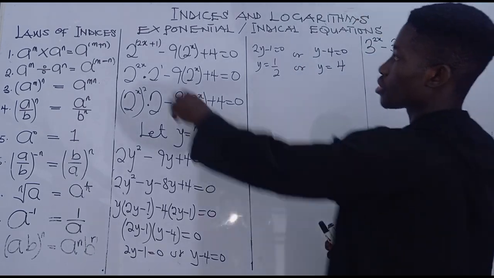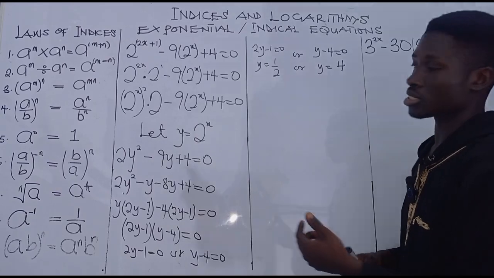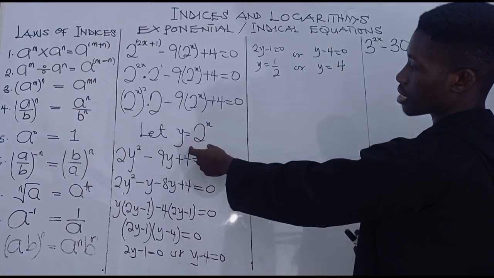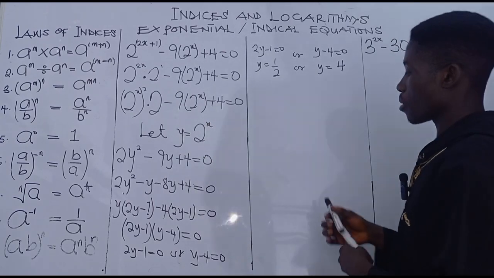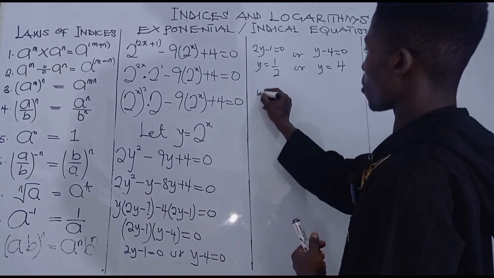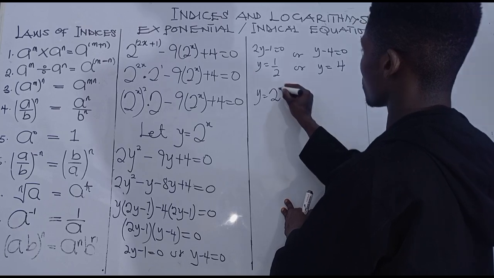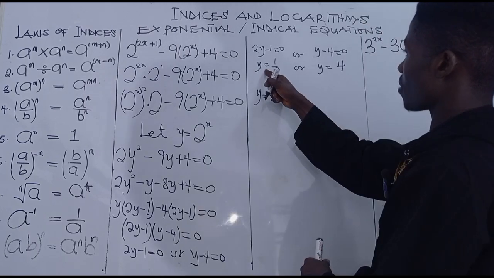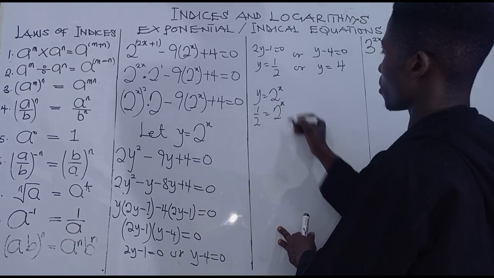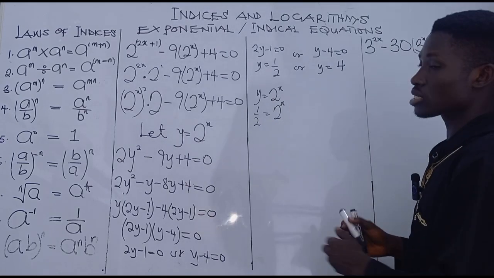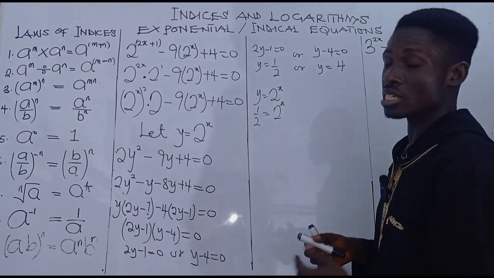Now within the question, we don't have y. We introduced it. So we have to deal with it by coming back to this part where we said y is equal to 2 raised to the power x. So we have y is equal to 2 raised to the power x. And we have y to be 1 over 2. And then 2 raised to the power x. Now we want the bases on each side of the equal sign to be the same.